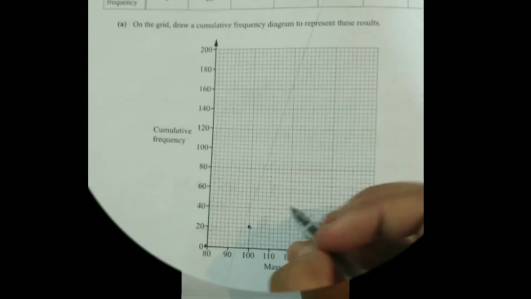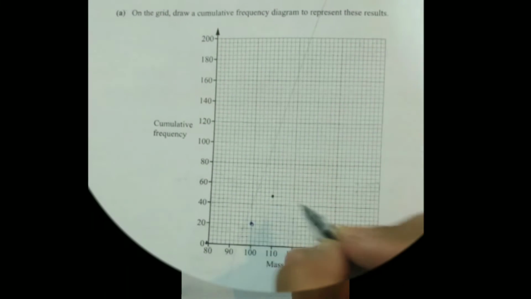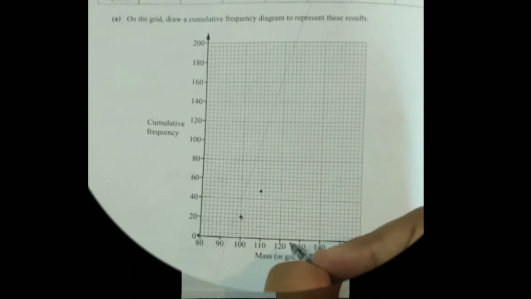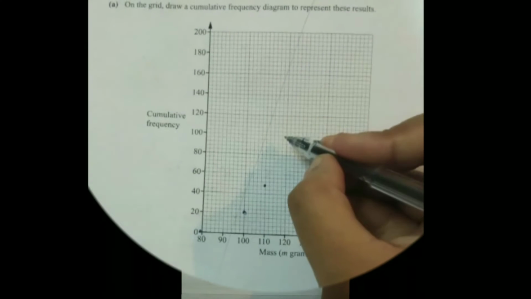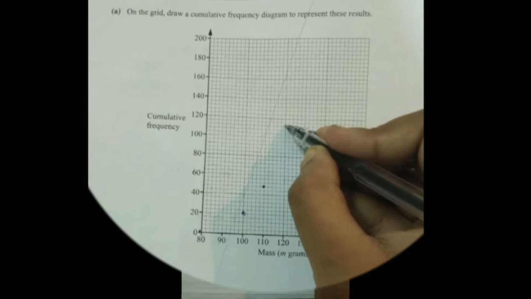So to draw the graph, we will plot the points: at 80 it's 0, at 100 it's 20, at 110 it's 48, and at 120 it's 112.